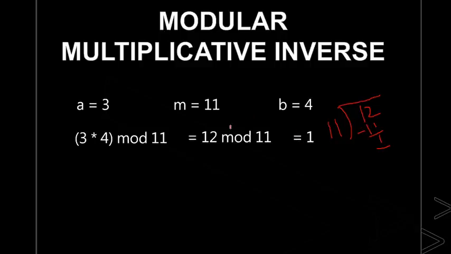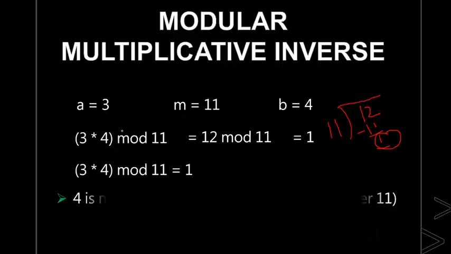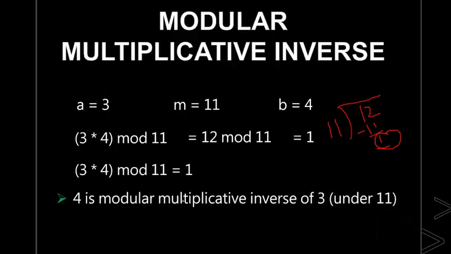Can you understand this? Mod is nothing but consider the remainder. Since the remainder is equal to 1, I can say this is a modular multiplicative inverse. So when you read it, you will read it as 4 is modular multiplicative inverse of 3, under 11 modulus.